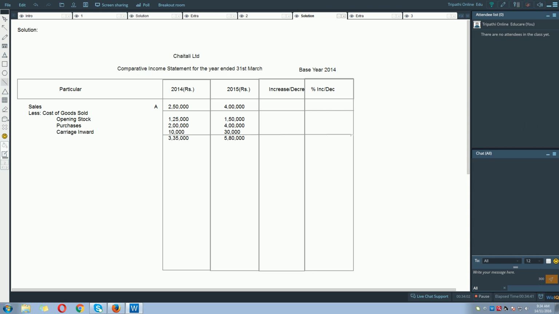Right now, we'll have to take the total of this. So 3,35,000 is the total of 2014, and here in this case 5,80,000 is the total.